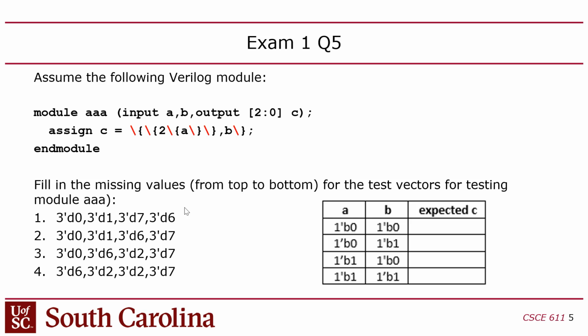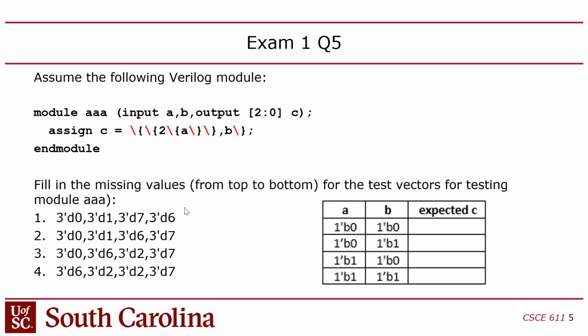So it says fill in the missing values from top to bottom for the test vectors for testing module AAA. The idea is that C is 3 bits, and you form C by duplicating A twice and concatenating B. So if A is 0 and B is 0, then the expected C should be 0, 0, 0.